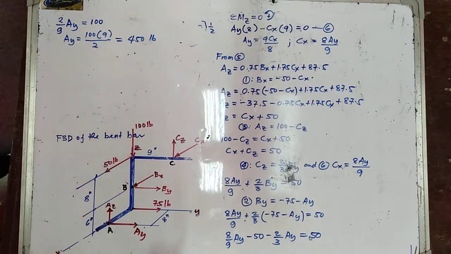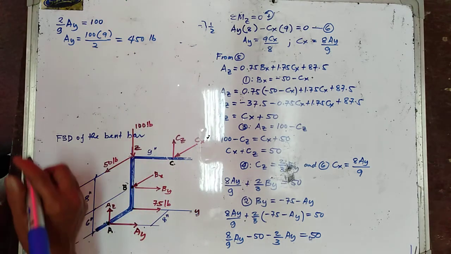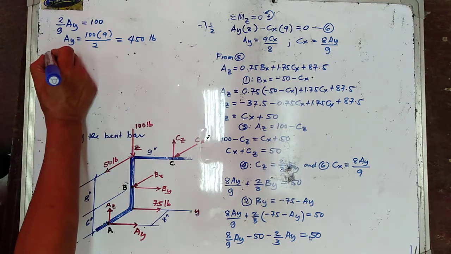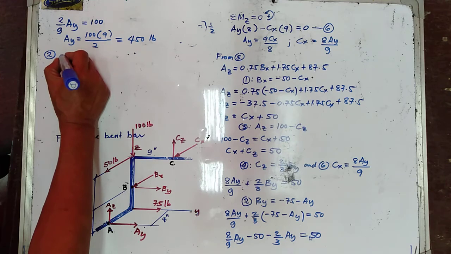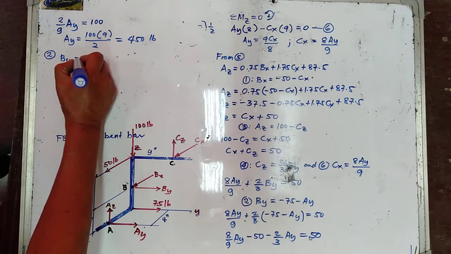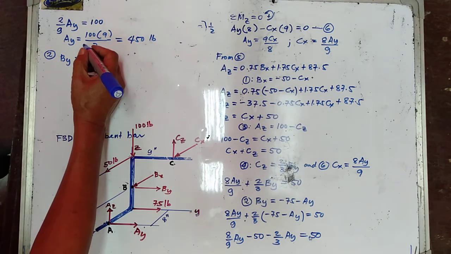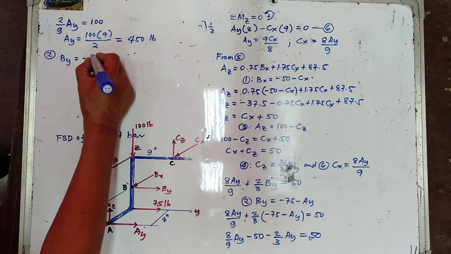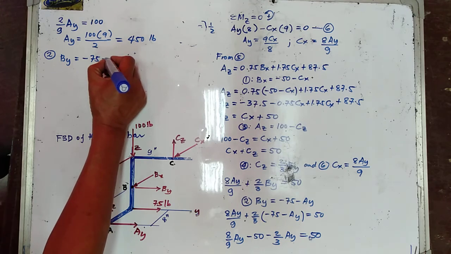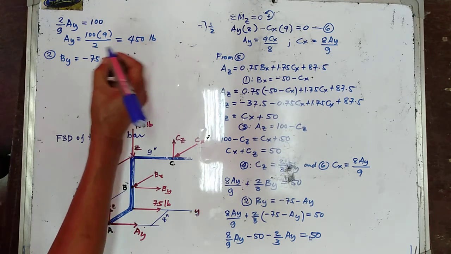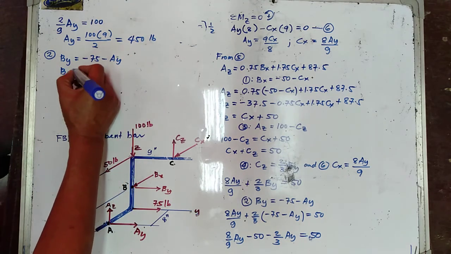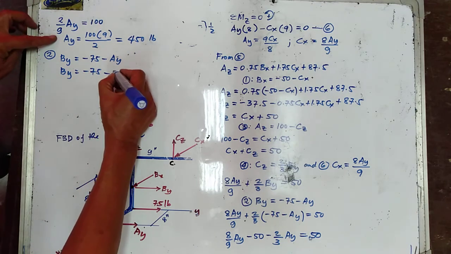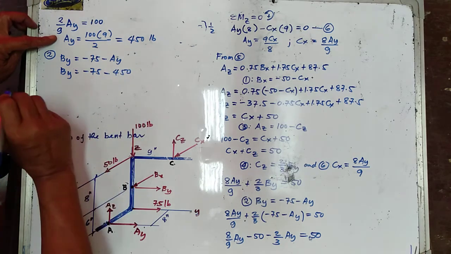Now, from equation 2, your BY is equal to minus 75 minus AY, which is minus 75 minus 450.